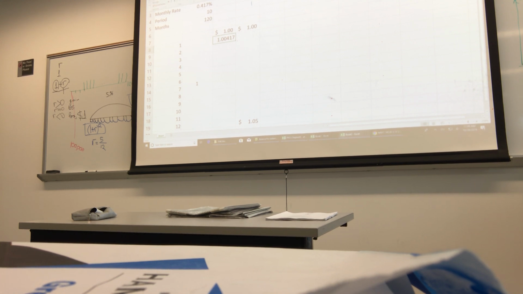I don't know if it's wrong. I want to be wrong so I can figure it out. I give a little bit more space so I can see what is happening. So I get 1/4 of a penny for the first month. What do I have in my formula that I cover here?